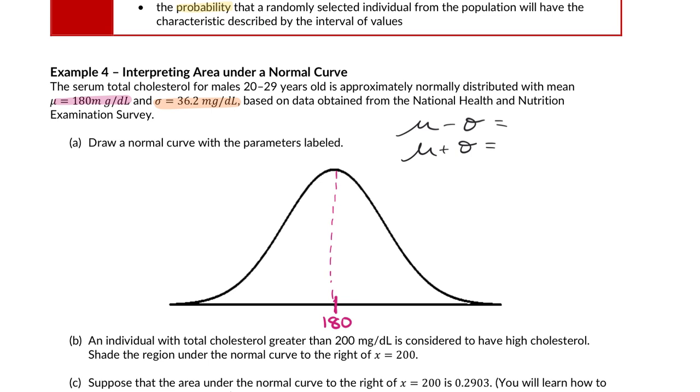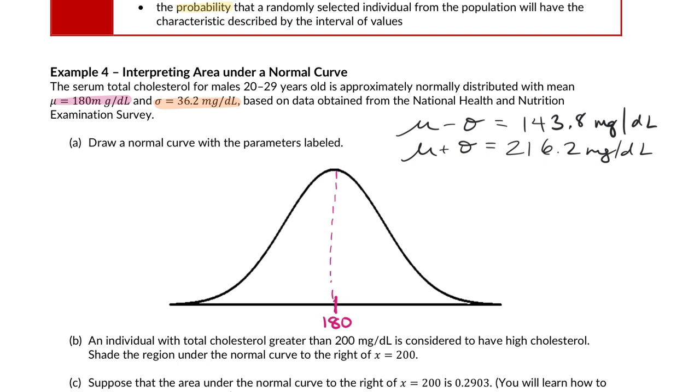What do you get? 143.8 milligrams per deciliter, and 216.2 milligrams per deciliter.